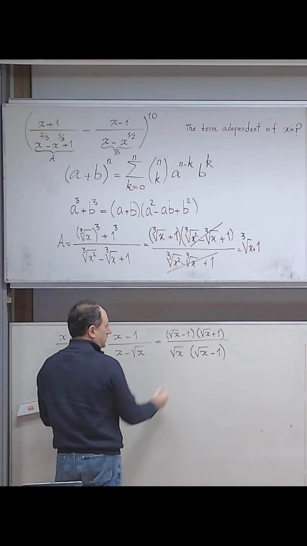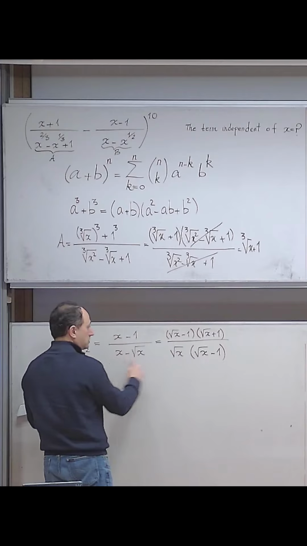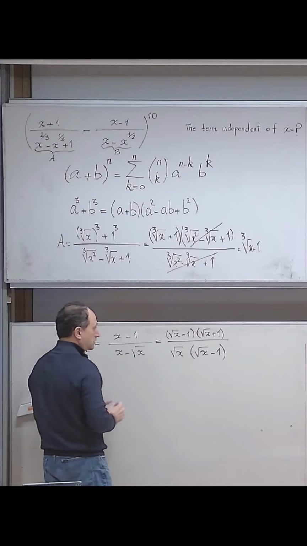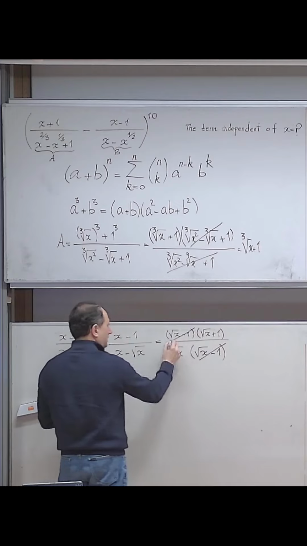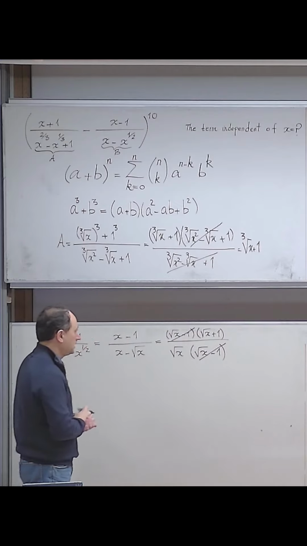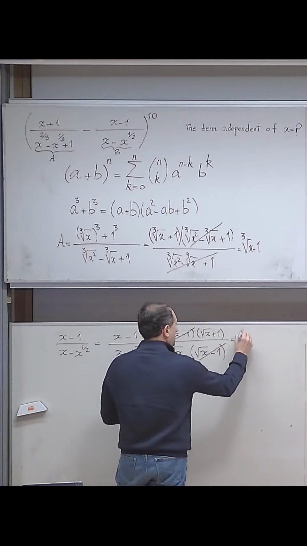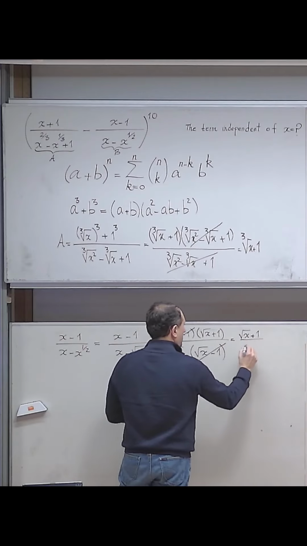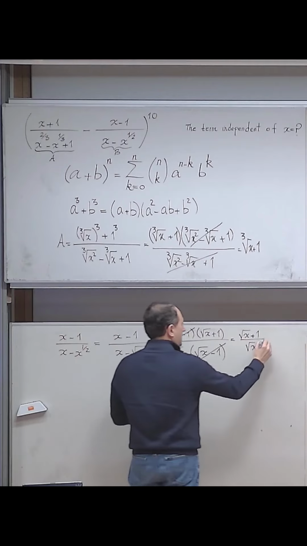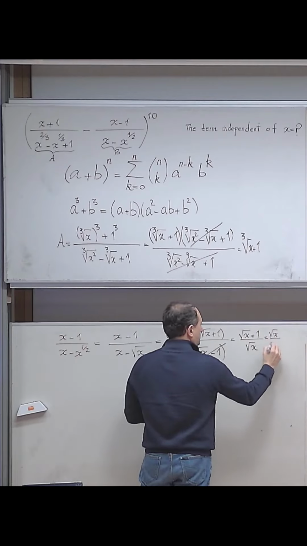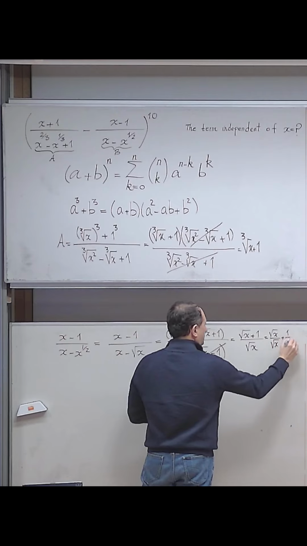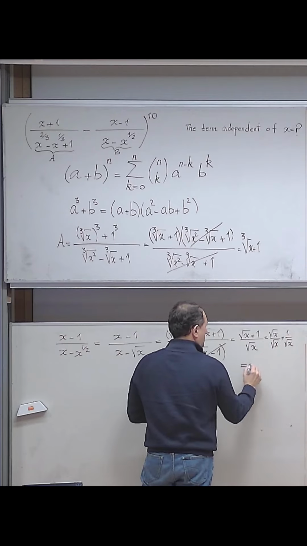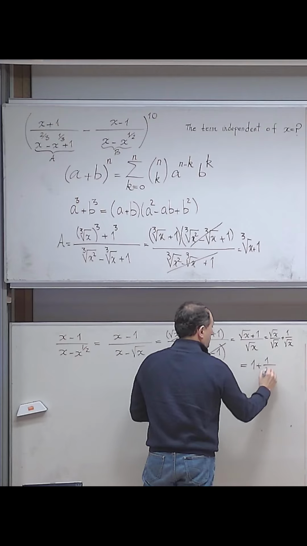Because if you multiply this back, this gives me x minus the square root of x. That's correct. But what is the benefit? The benefit is that these two are cancelled. And then I will have the square root of x plus 1 divided by the square root of x, which can be written as the square root of x over the square root of x plus 1 over the square root of x, which is 1 plus 1 over the square root of x.